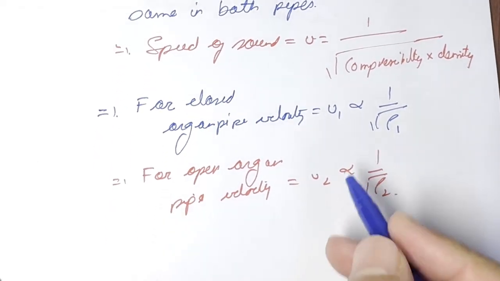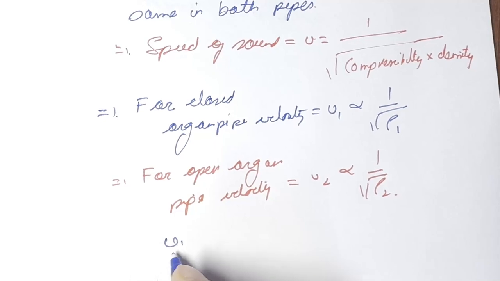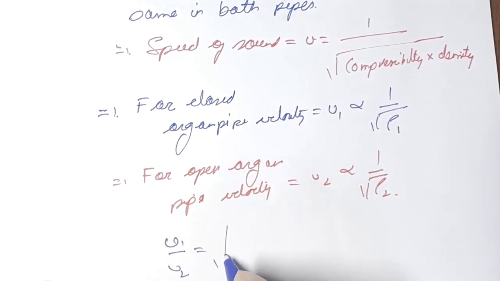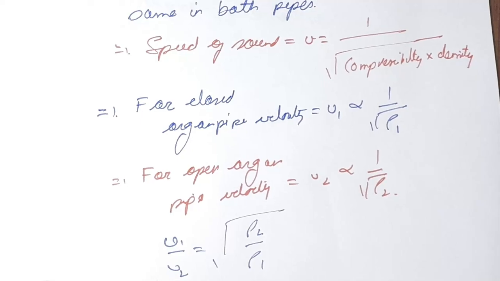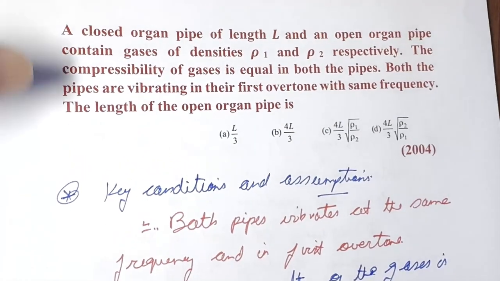So we can find the ratio V1 by V2. V1 by V2 will be equal to square root of ρ2 divided by ρ1. This relationship we are going to use later on. And we are given that the length of the closed pipe is L.